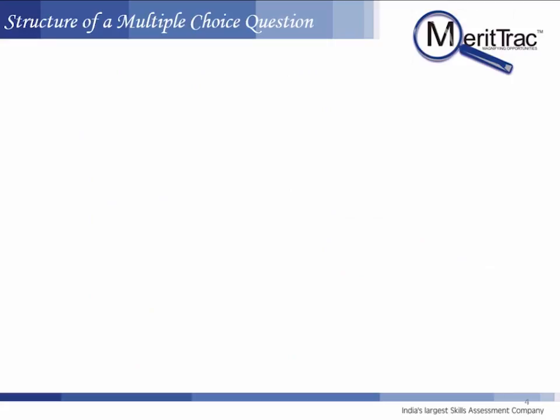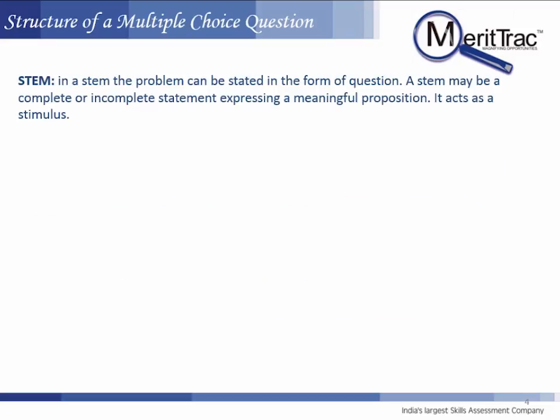Structure of a multiple choice question. As I presume most of you would know the different parts of multiple choice questions, we'll start with that. STEM. STEM is the backbone of any multiple choice question. This is where your item, the problem statement, the main question is captured.